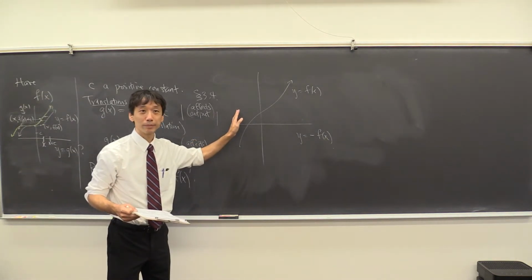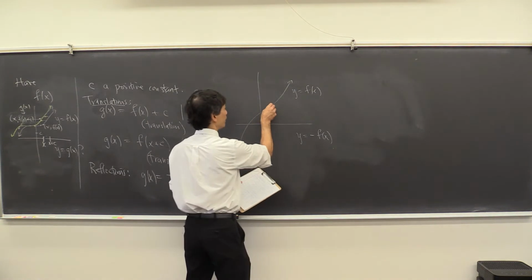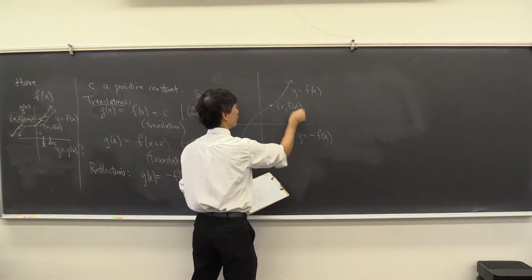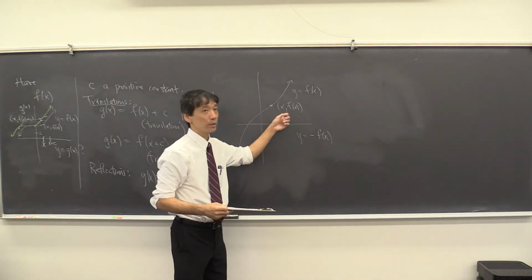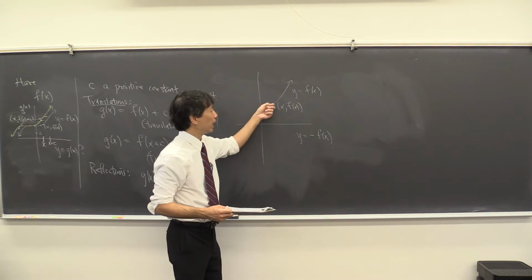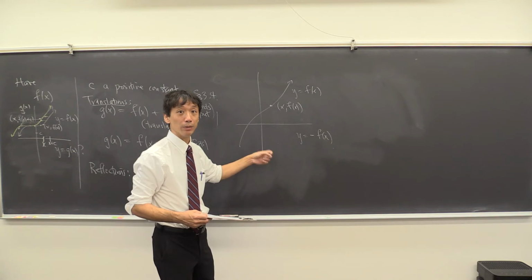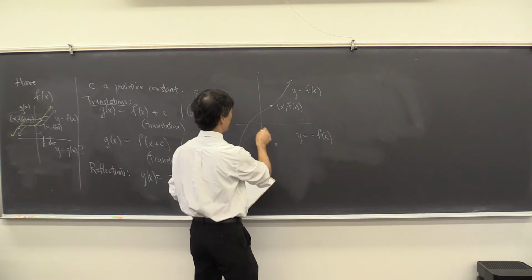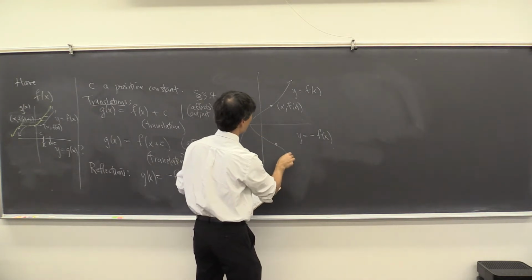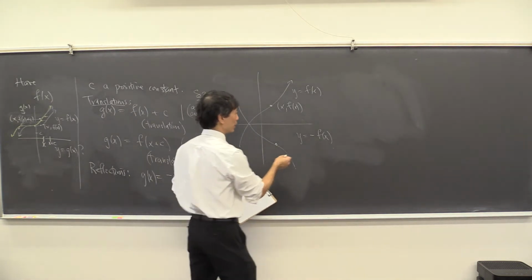Somebody tell me? If you're on this graph, then all your coordinates are x, f of x. If you're on this graph, all your coordinates are x, negative f of x. So they're all going to have the negative y coordinates. So it's going to be a flip. This point will turn into this point, and so on and so forth. You get this sort of thing, what's called a reflection.